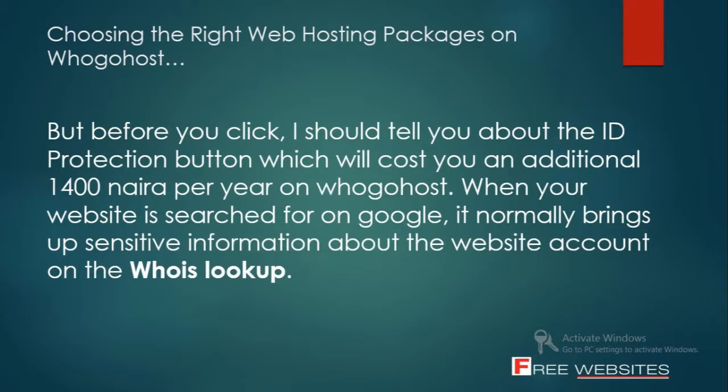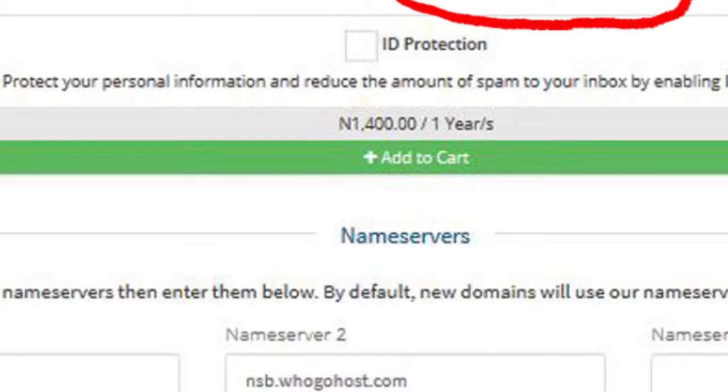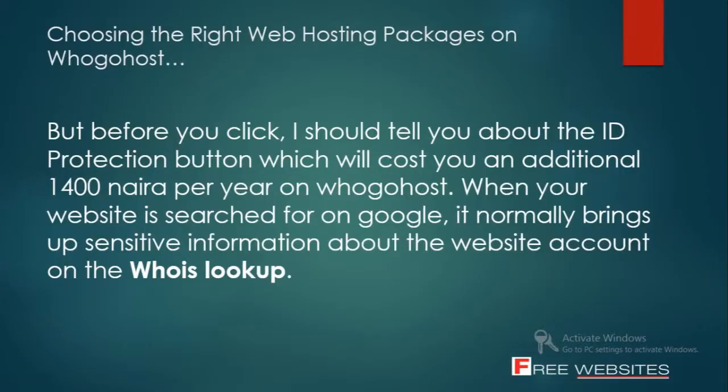But before you click it, I should tell you about the ID protection button, which will cost you an additional 1,400 Naira per year on Google Host. When your website is searched for on Google or any other search engine, it normally brings up sensitive information about your website account on the WHOIS lookup.